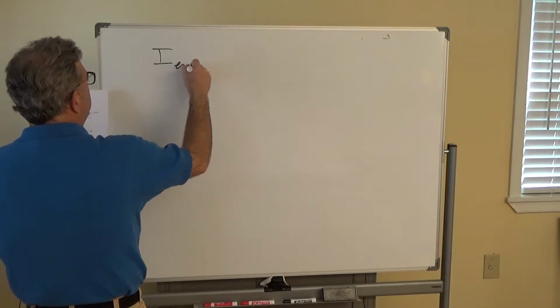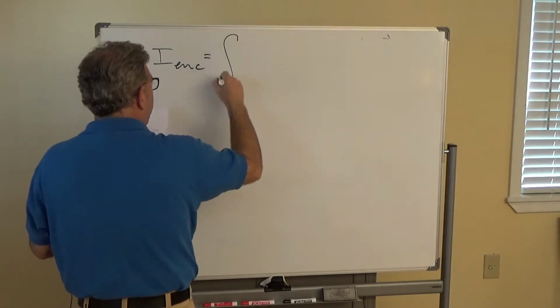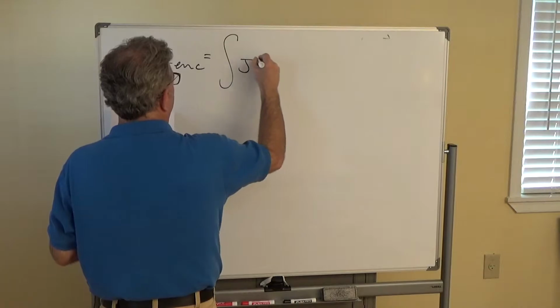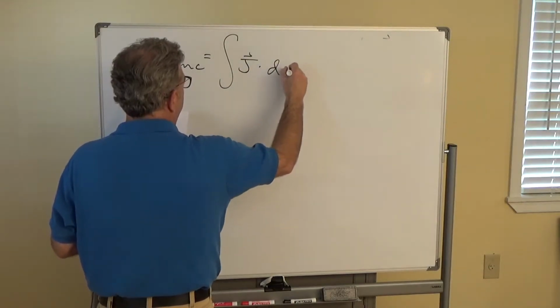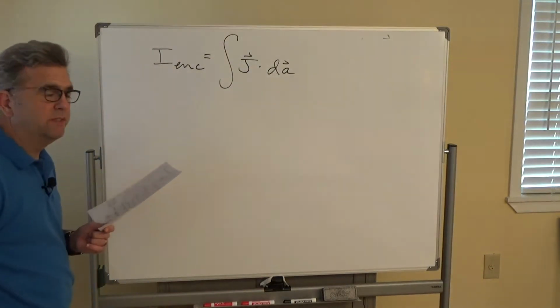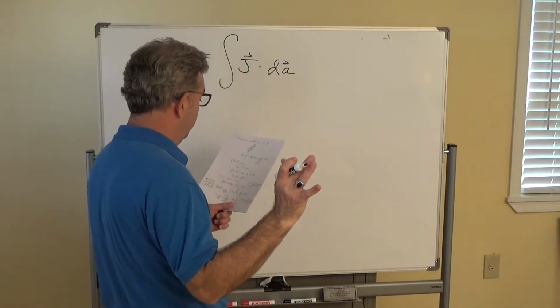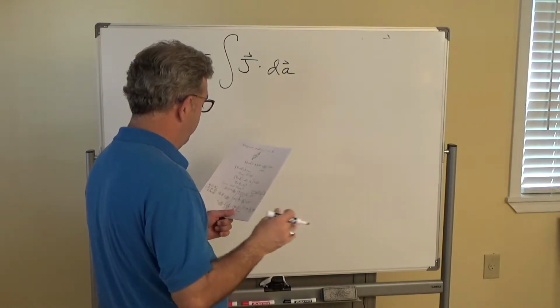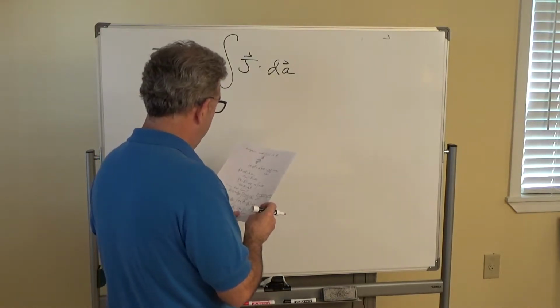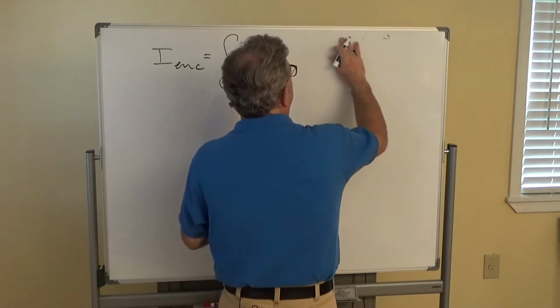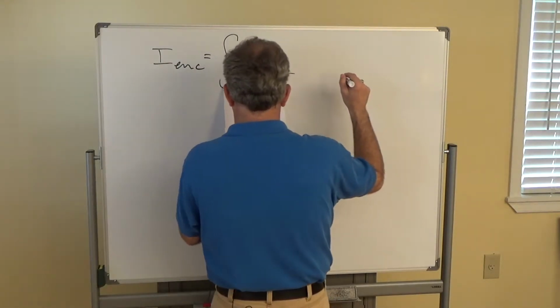I enclosed is equal to the integral of J dot dA. That makes more sense. So I'll substitute that into what we had previously, because now we can use the curl.